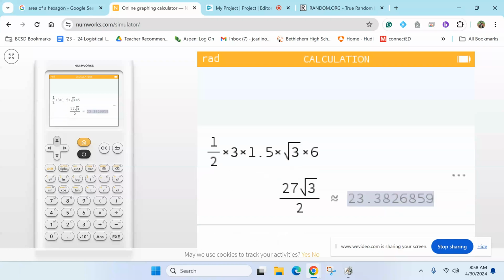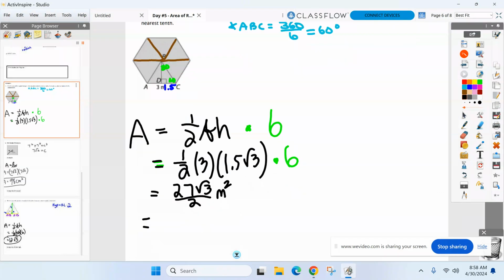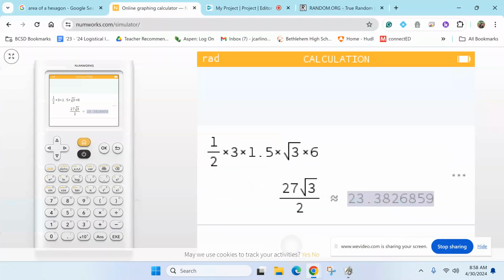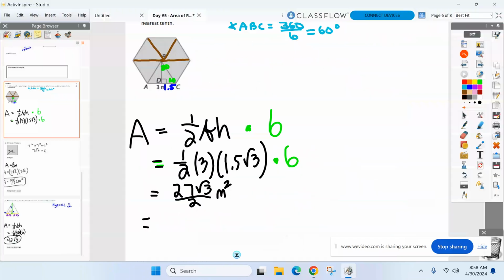Yeah, no, I got it. We're good? Okay. What is that, meters squared? And how about it in nearest tenth now? Boom, there we go. Jared, nearest tenth. Good.